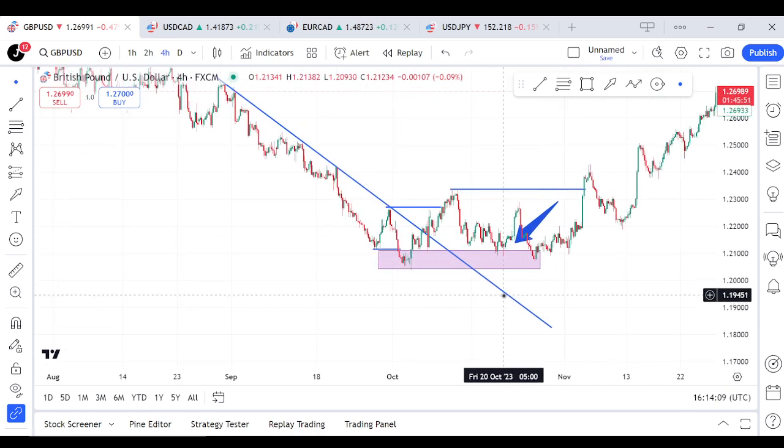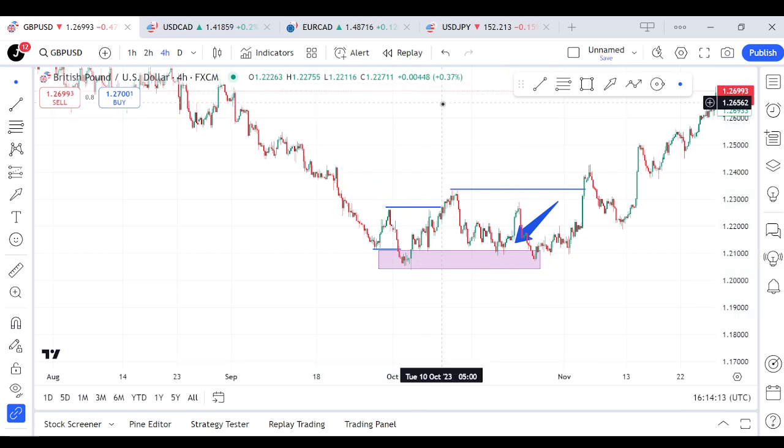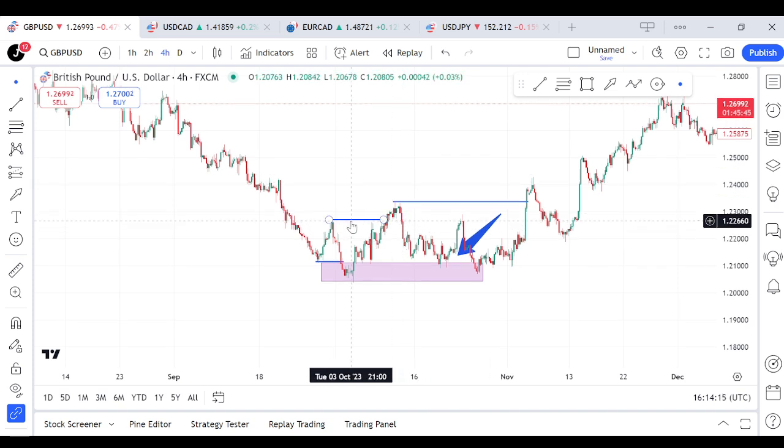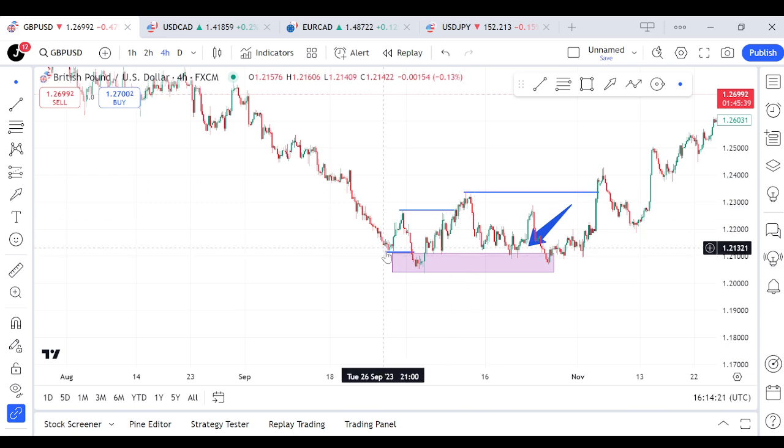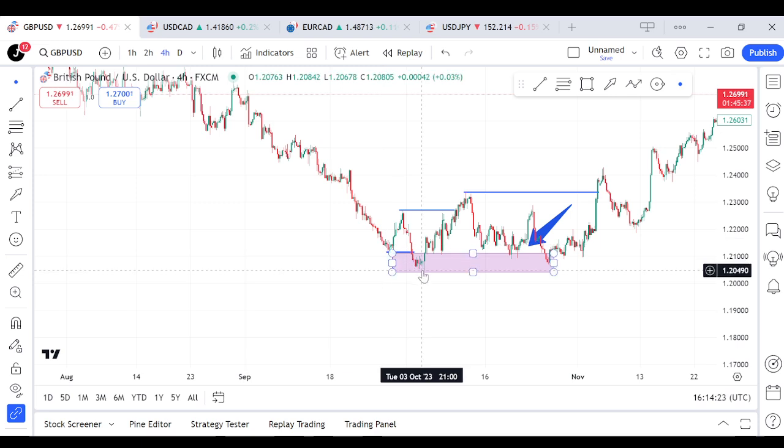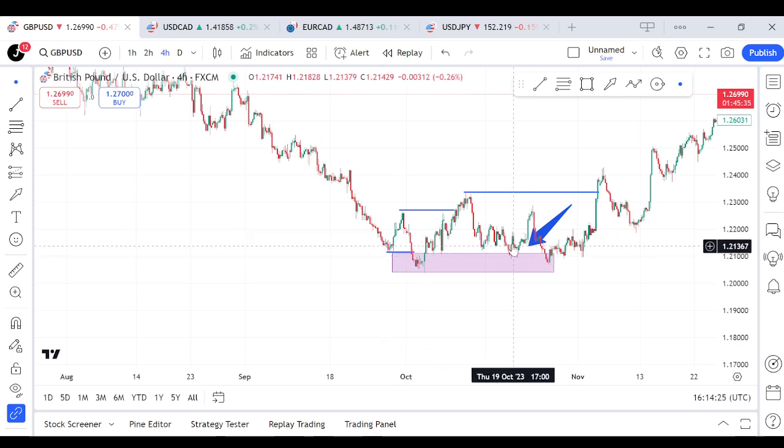So you can also add the trend line for added confluence, but the main thing is to wait for the break of market structure to the upside, and you have this high, and three lows, one here, the second one being lower than the third one here.